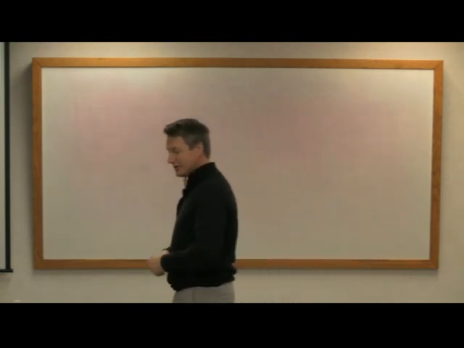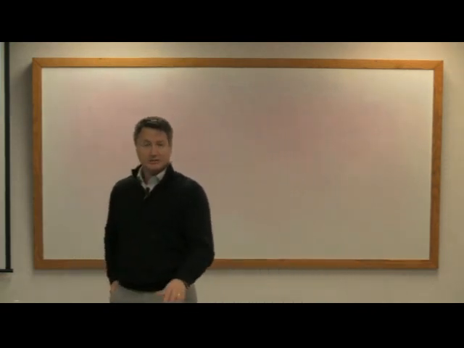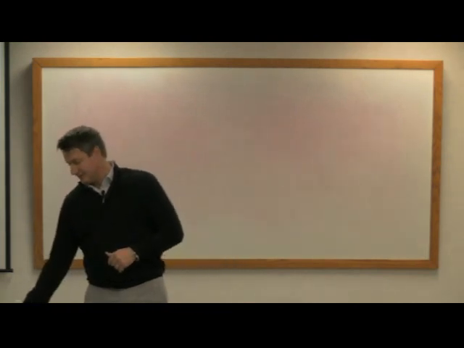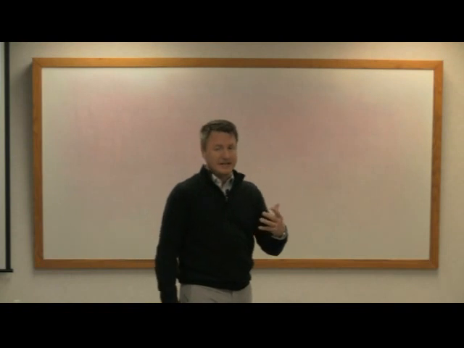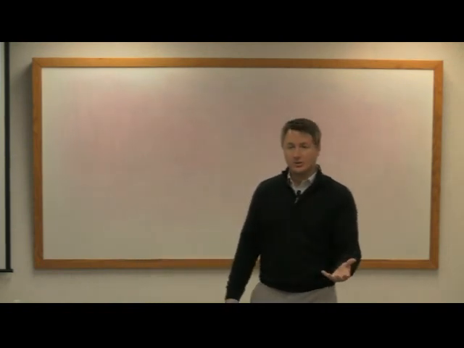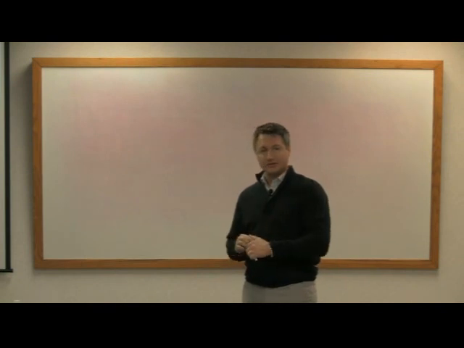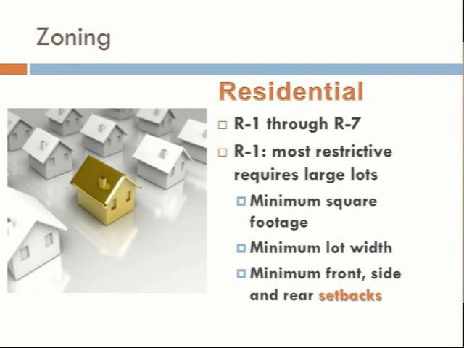What I would like for you to remember, though, for your exam, especially when we talk about residential, is that whether it's classified as an R1 zoning or R7 zoning, it's going to have minimum square footage requirements, and it's going to have what's called setbacks. And how these setbacks work is, let's look at our neighborhood here.